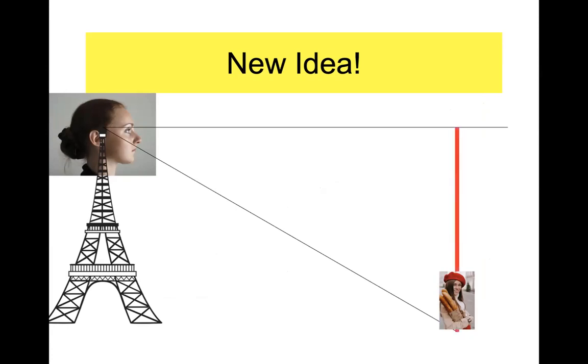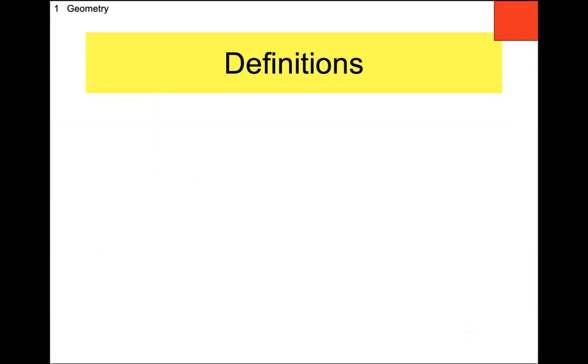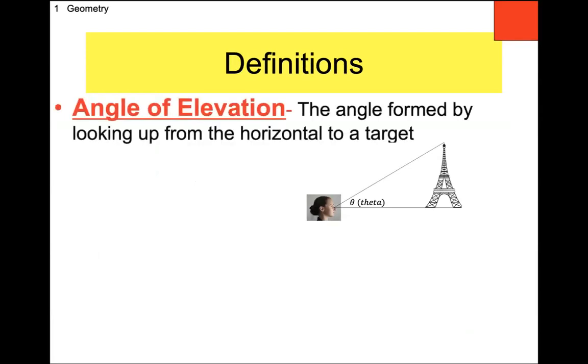So this angle right here, geometrically speaking, would look like it's the opposite of the one that we just drew. And it turns out that those two angles, the angles looking to the top and the angles looking to the bottom, are related. And they have descriptive words for those two angles. So this angle that's formed by looking at the horizon to the top is called the angle of elevation. You had to elevate your eye to look to the top of the Eiffel Tower.